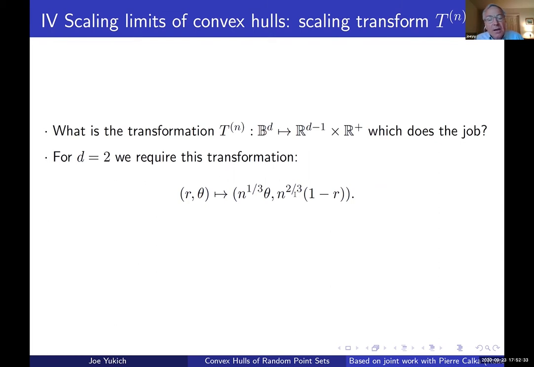So we do a scaling in the radial direction of n to the 2/3. Because we want a parabolic transformation, one that preserves the geometry, we need to scale in the angular direction by the square root of this, namely n to the 1/3.